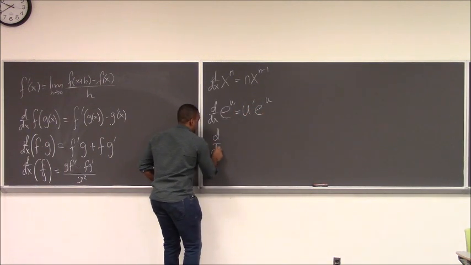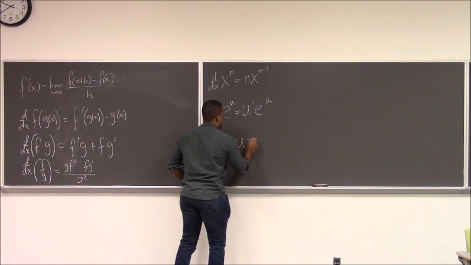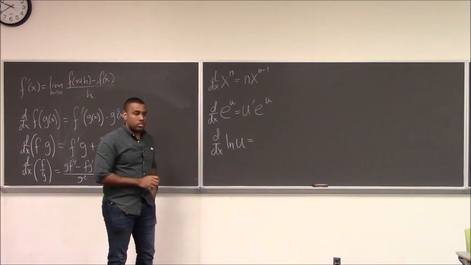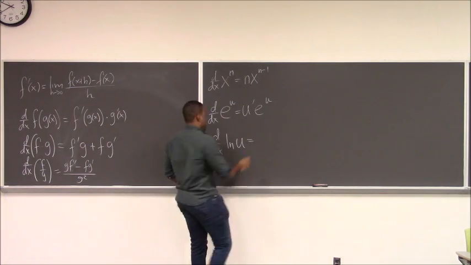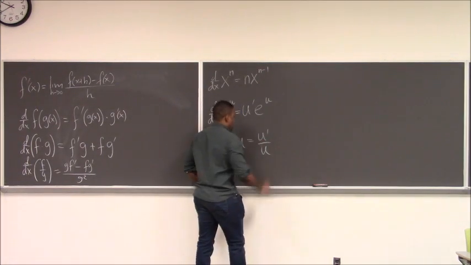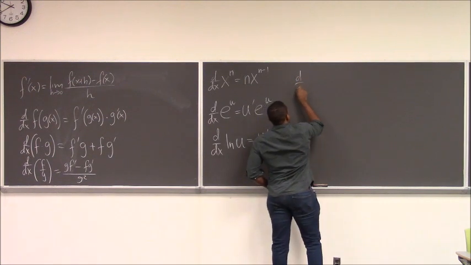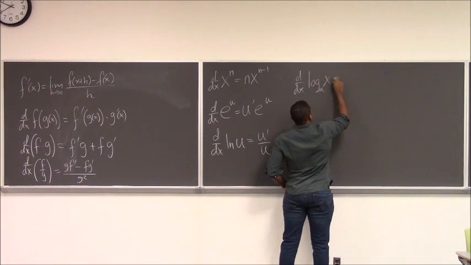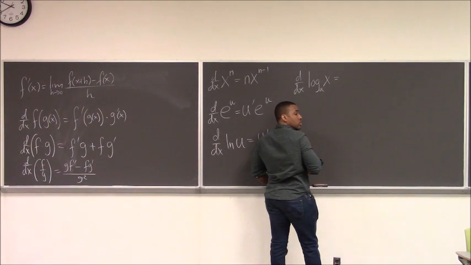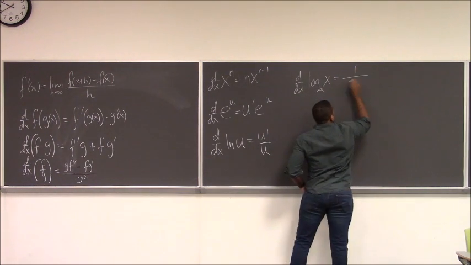What is the derivative of ln of a function? 1 over u times u prime. What is the derivative of a logarithm to the base a? 1 over x ln a.